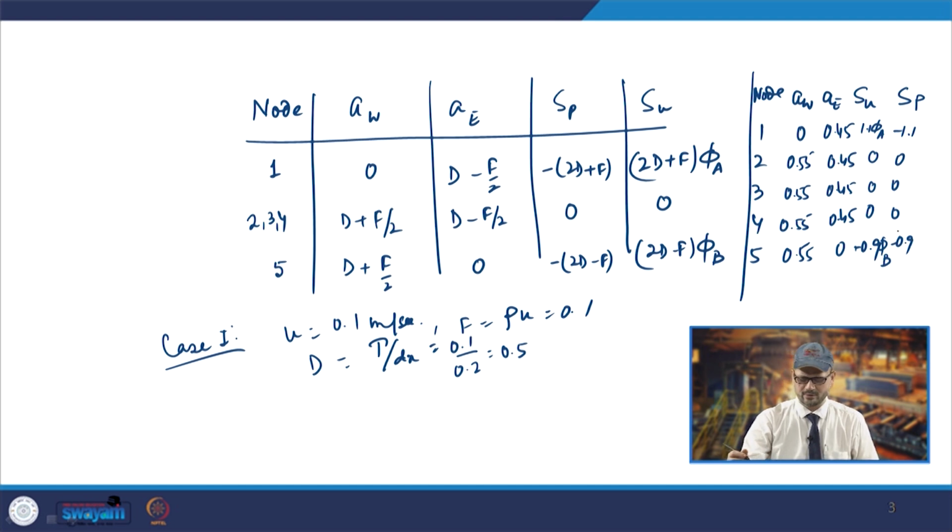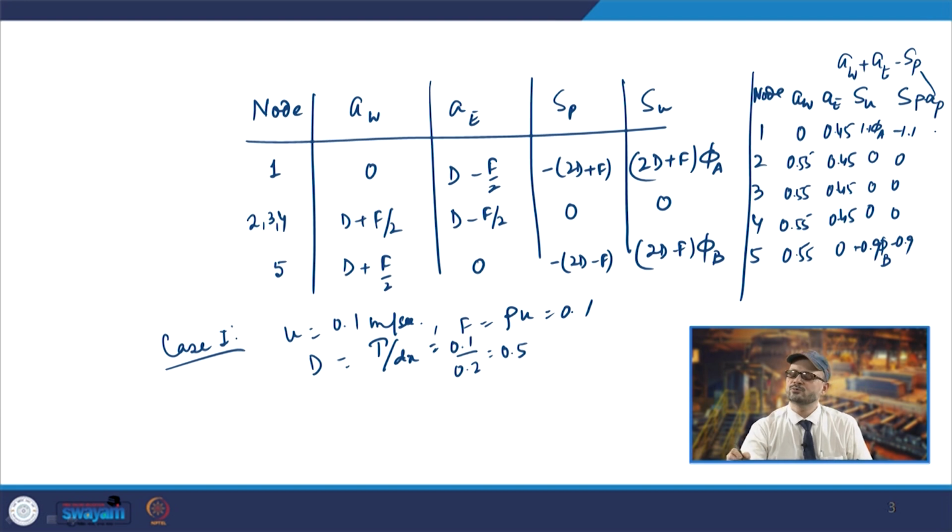What I mean to say is that you can get AP as AW plus AE minus SP, so that can be calculated from here directly. You can have the values of AW, AE and SP. SP is minus 1.1, so accordingly you can have the value of AP.